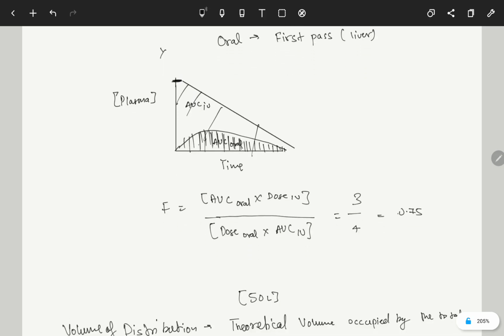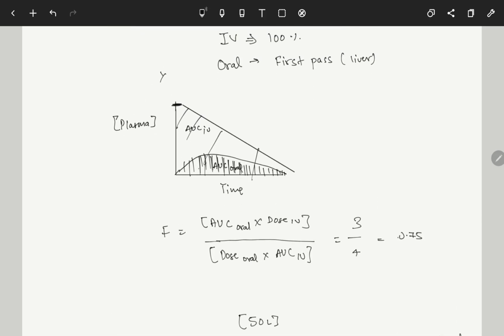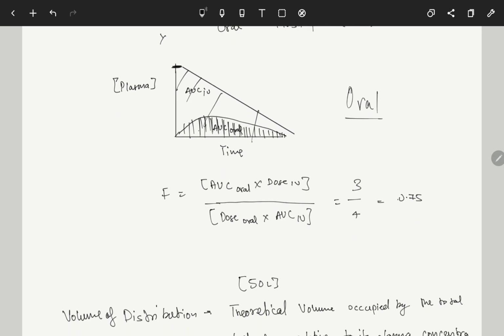Bioavailability is basically the ratio of the oral medication to the IV medication. If you divide this portion by this, you'll get the bioavailability. Theoretically it can be like 3/4.